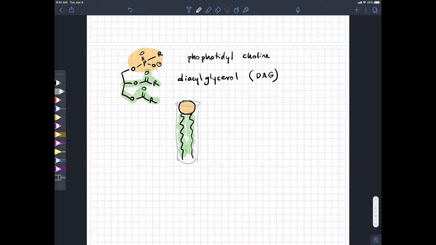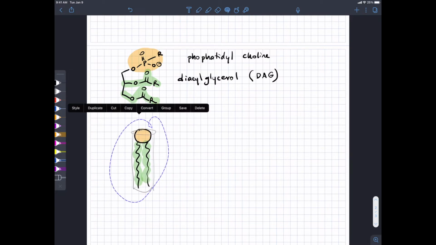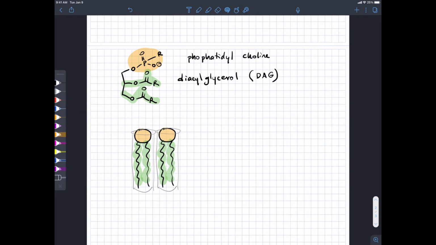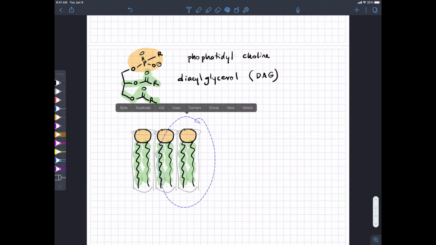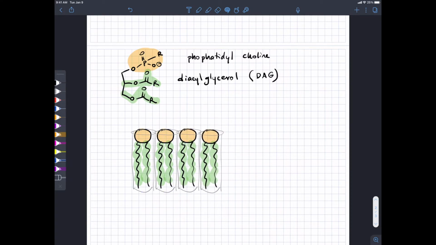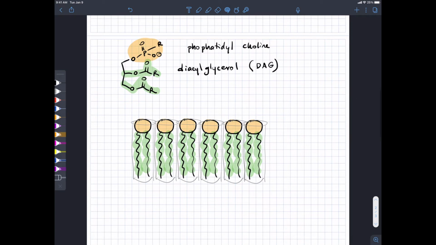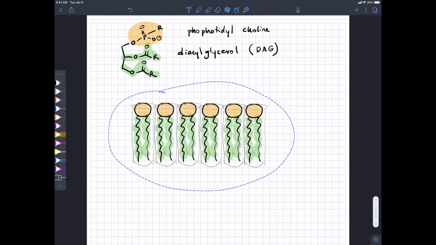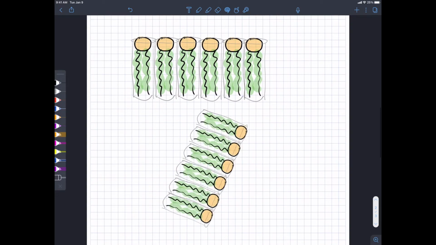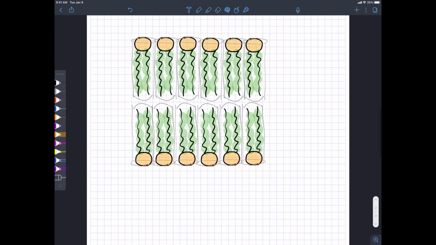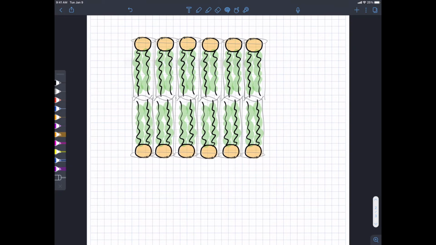And so instead of self-assembling into micelles, these diacyl glycerol lipids assemble into what are called bilayers. The individual lipid molecules assemble side by side, and then another sleeve of lipids will assemble on the other side.